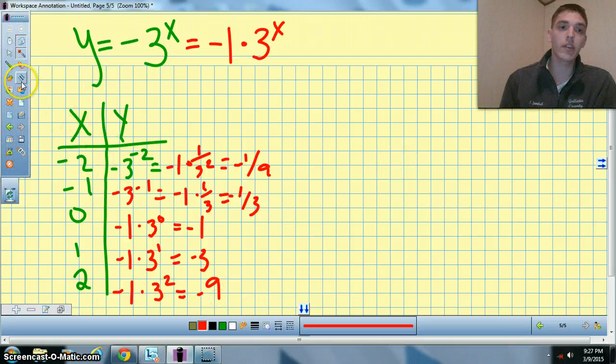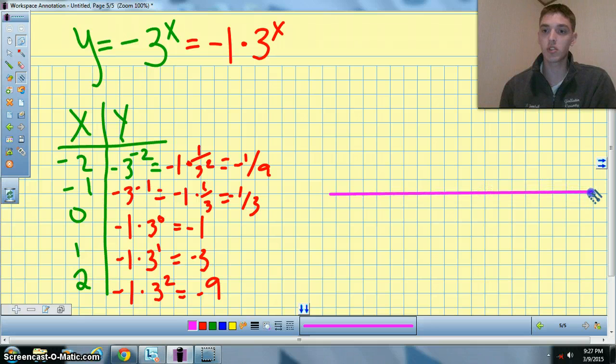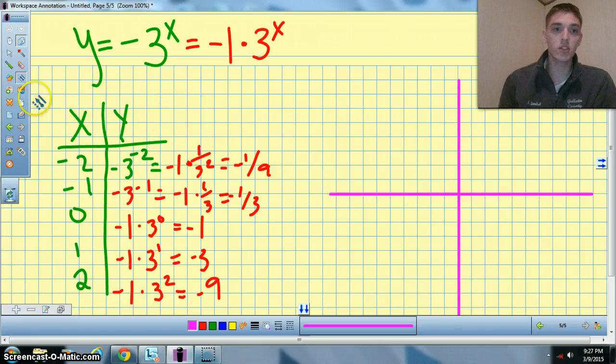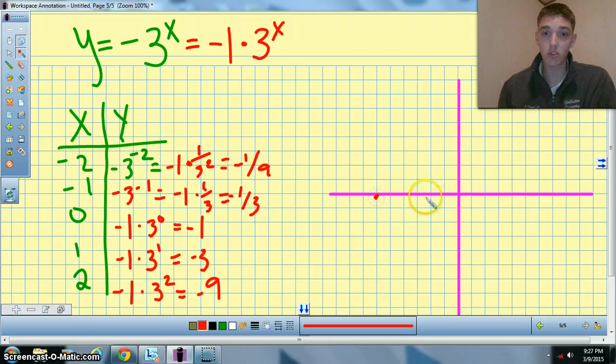Okay, so now this graph, instead of going up, it's still getting really close to 0. Negative 1/9 is pretty close to 0, but it's below the line. Negative 1/3 still fairly close to 0, but below the line.